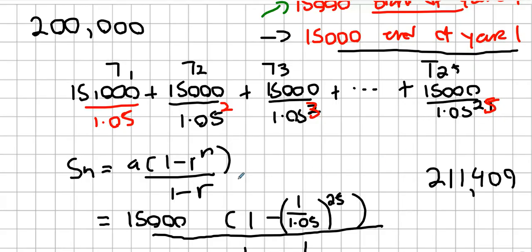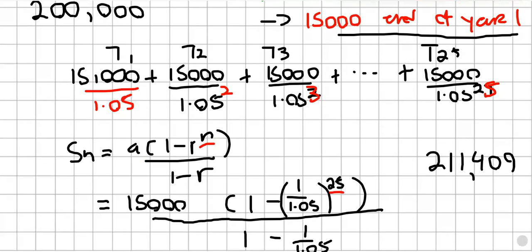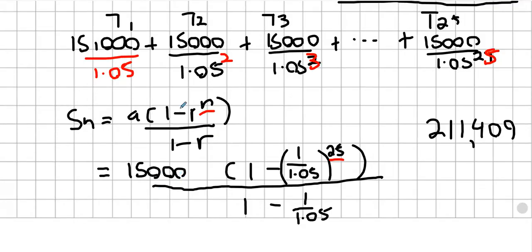Okay, and what happens is the end value is the number of repayments. That stays exactly the same. There's still 25 repayments, just happens to be at the end of the year. However, the only thing that changes is your A value. Just take your old answer and change the A value, and you can flip-flop between the two of them quite quickly.